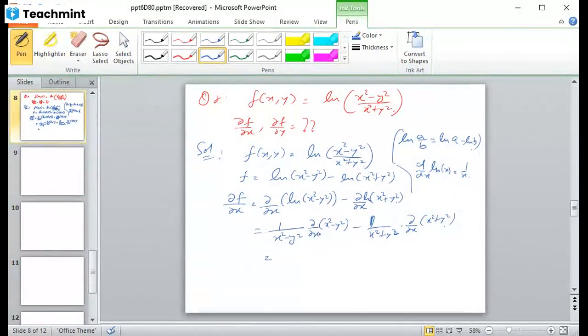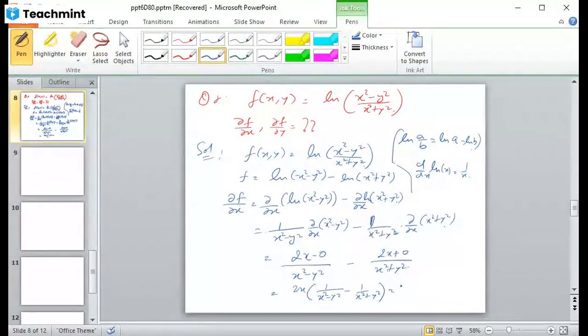And when we are differentiating with respect to x, we are treating y as a constant. So the derivative of x square is 2x, the derivative of y square is 0, same in the denominator. This is 2x plus 0 upon x square plus y square. Now 2x is common, so x times (1 upon x square minus y square, minus 1 upon x square plus y square).